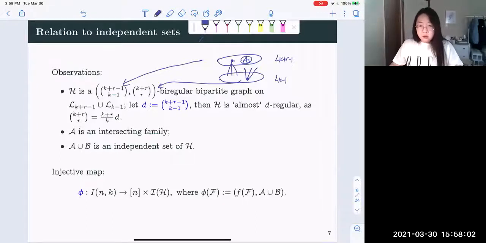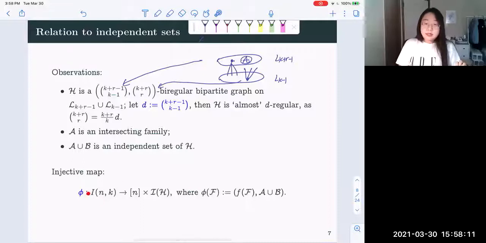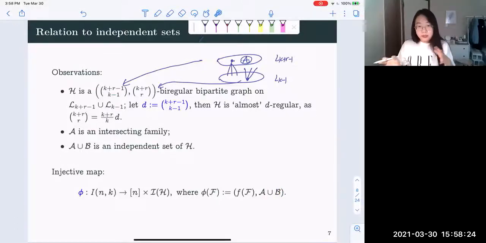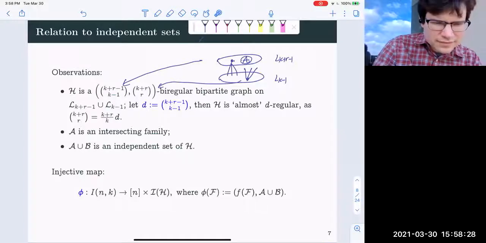So what this really tells us is we can find an injective map from the intersecting family to the independent sets, where we map this family, with its most frequent element, to this unique independent set A union B. Now, given this relationship, we can always jump back and forth between these two objects and study each other.